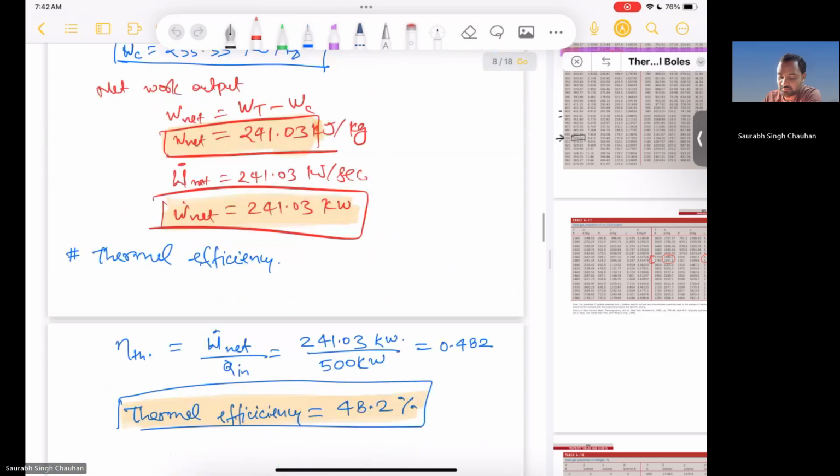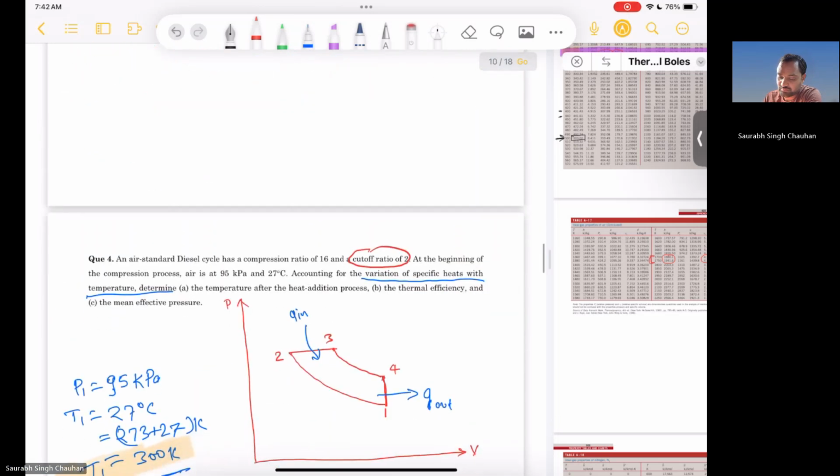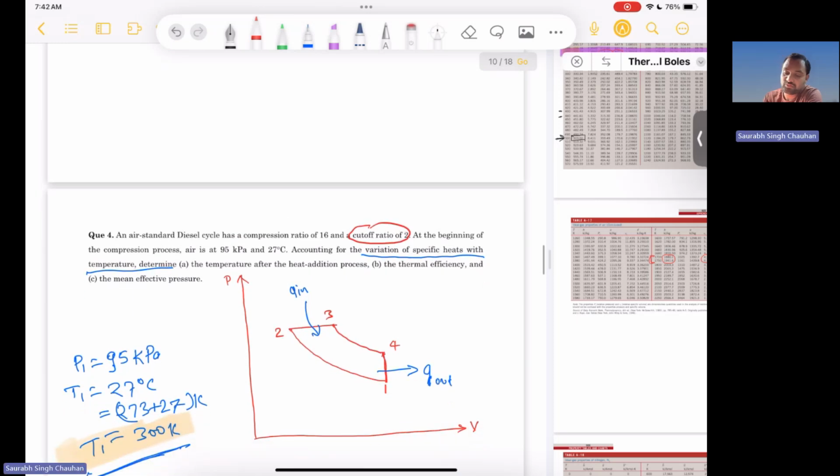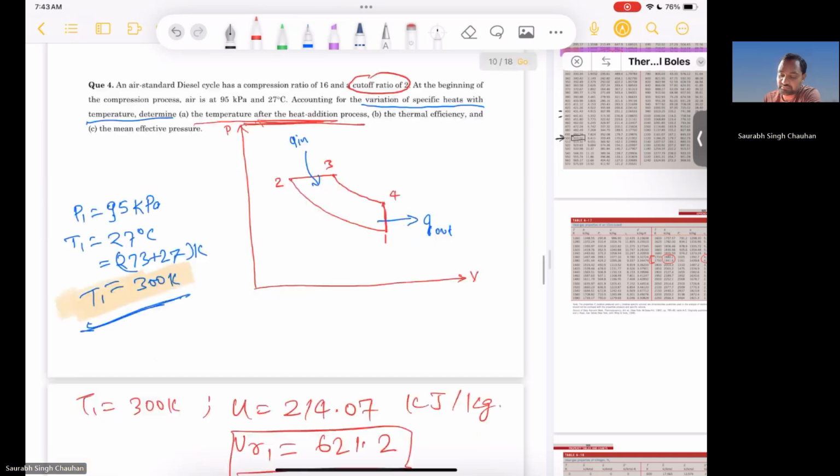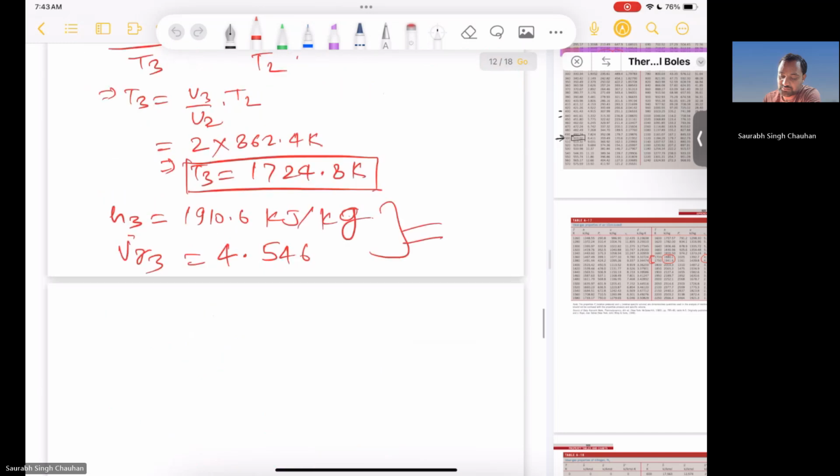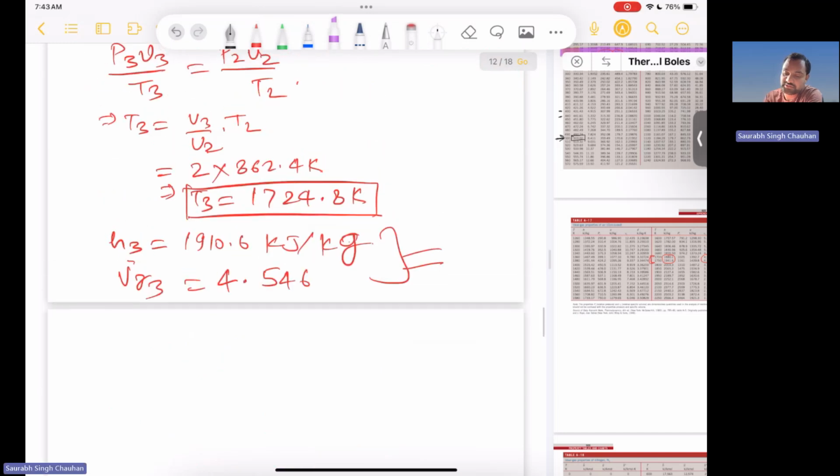So we were asked to find the temperature after heat addition process. T3 we have calculated, so this is the temperature after the heat addition process.